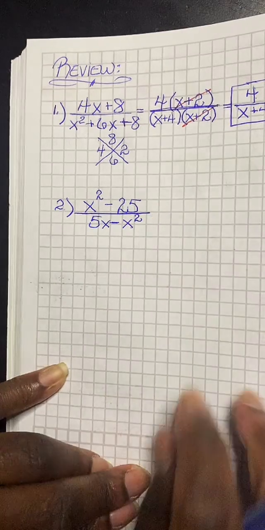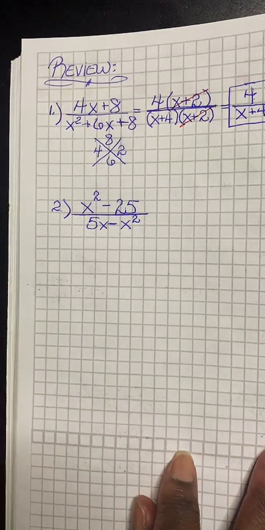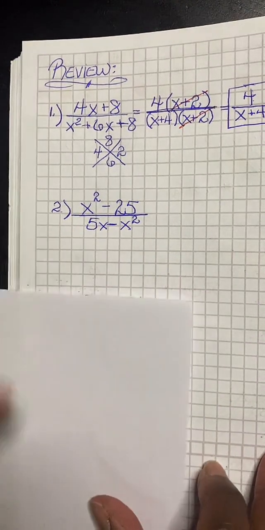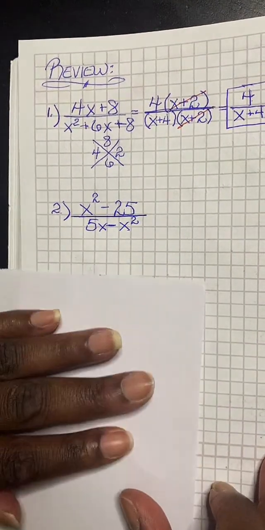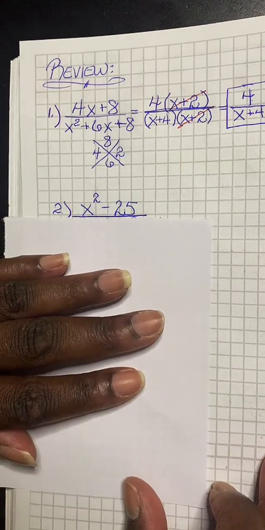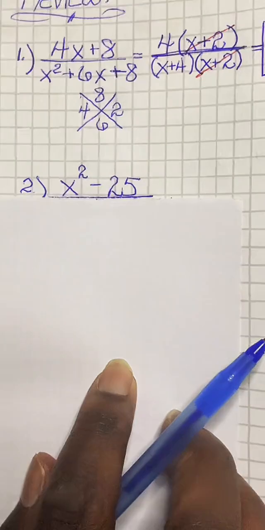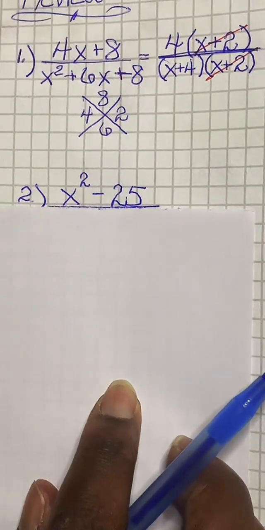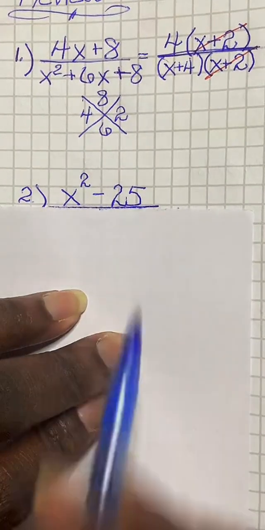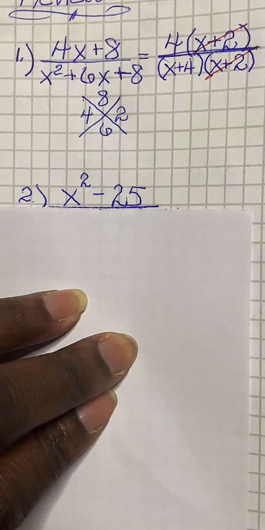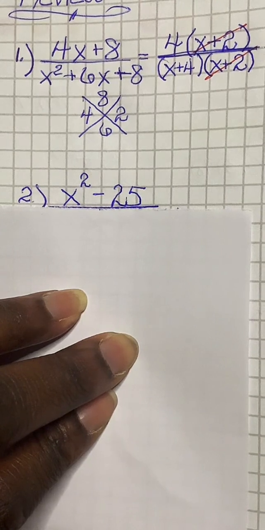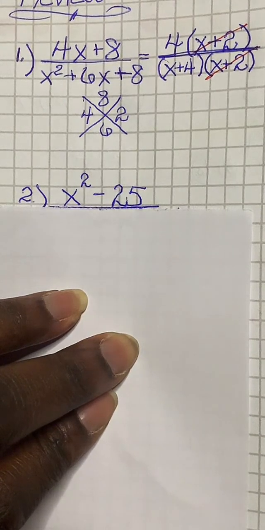So, what is going on here? The numerator looks okay. I think we can handle that. But that denominator, there's something happening there. So for right now, let's not focus on the denominator. Let's look at this numerator for a second. So we have x squared minus 25. Yes, one person already said it. Difference of squares. Good.